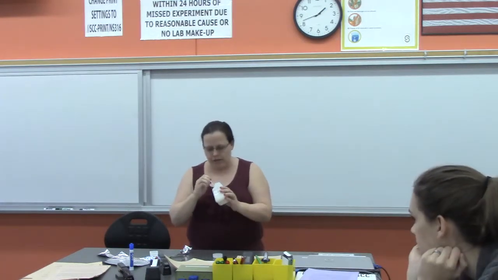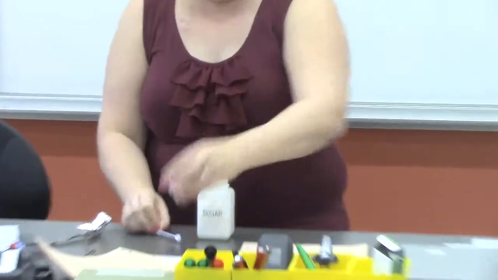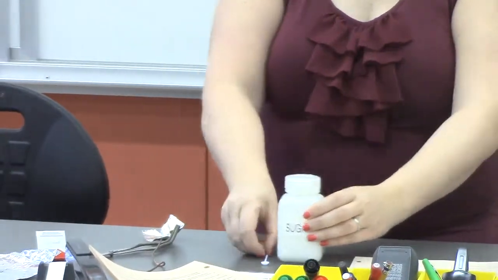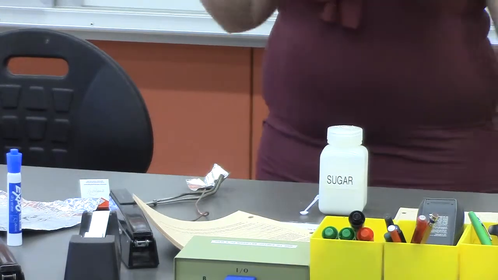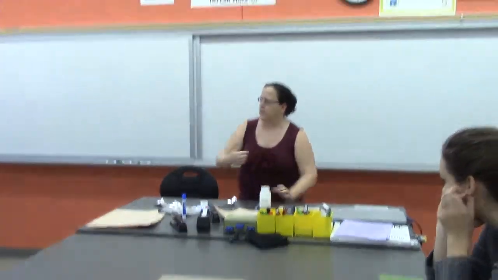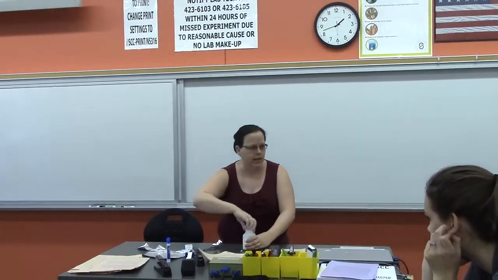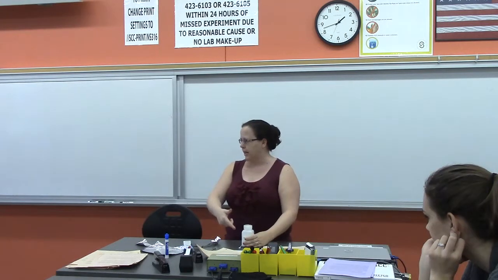Take the little scoop, take a small scoop of the solid and put it in your little well. You put the lid back on, put the spoon next to it, and now it's ready for the next person. The person behind you says, hey, I'm using that. You put the lid on it anyway. Next person comes up, they take the lid off, put it down, scoop it out, they put the lid back on, and the next person gets it, okay?